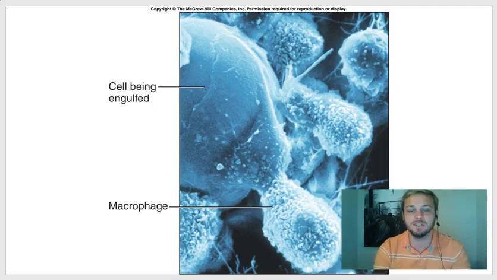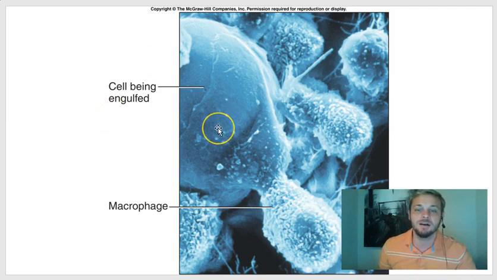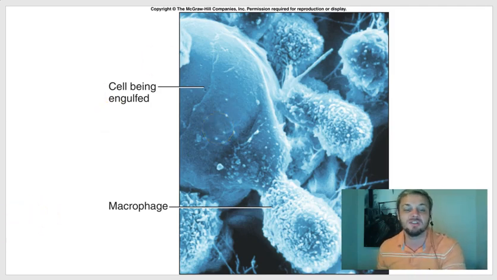And macrophage, macro means big, phage means eat. And so your macrophages are cells that are big eaters. What do they eat? Well, they eat pathogens, stuff like bacteria. They also eat other cells that need to be disposed of or broken down, any type of debris out there. Your macrophages can eat this.